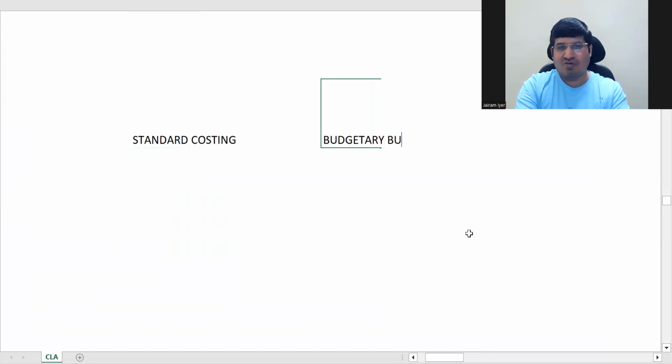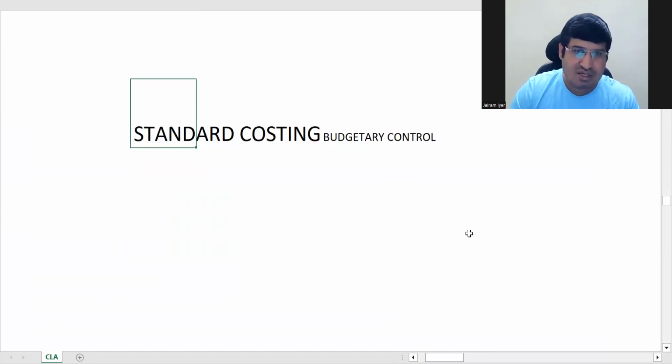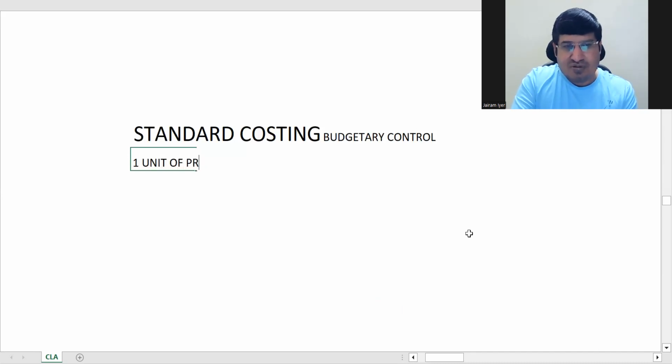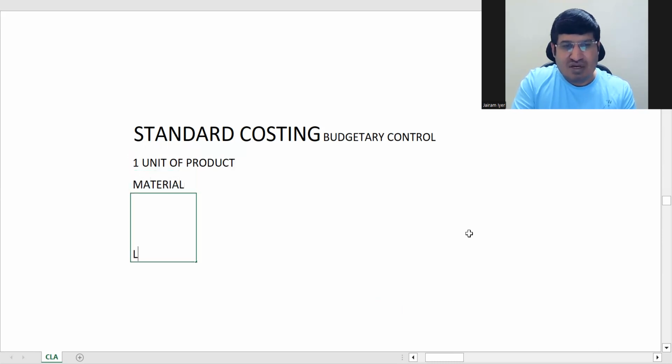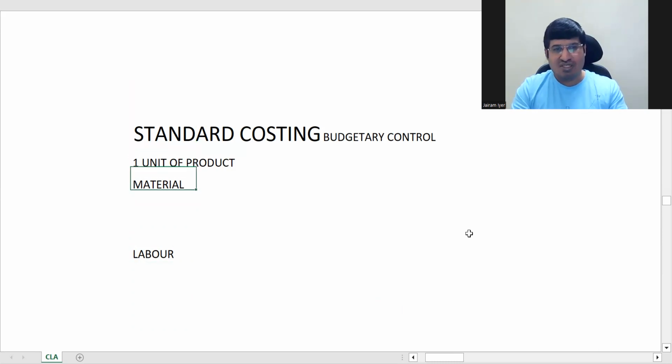In standard costing, what you do is you set a standard for manufacturing, say 1 unit of product. How much material is needed, how much labor is needed. You go for some industrial tests and find out that for this unit, this much material is needed, this much labor is needed.